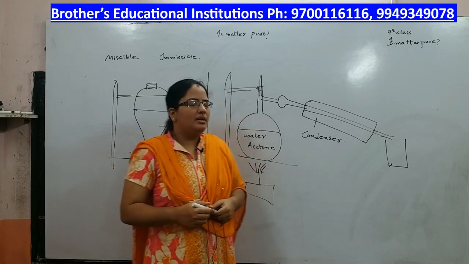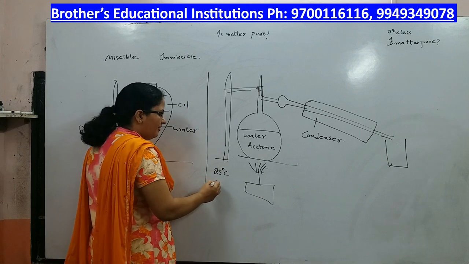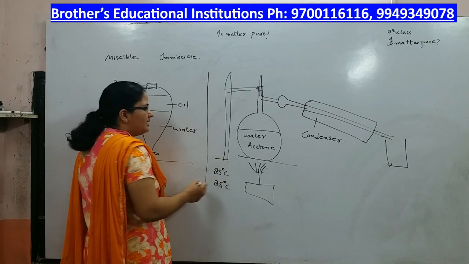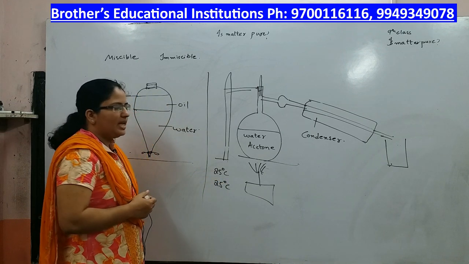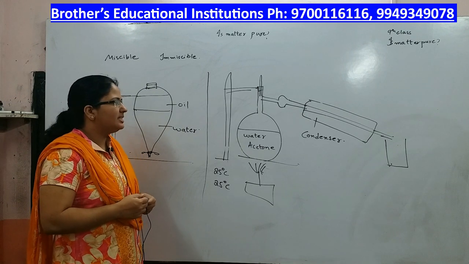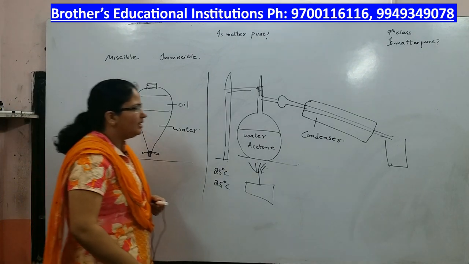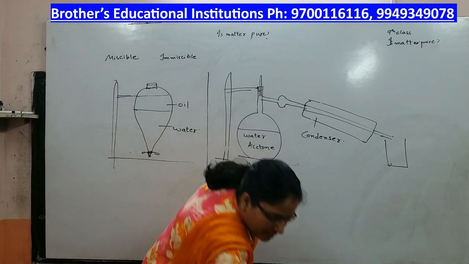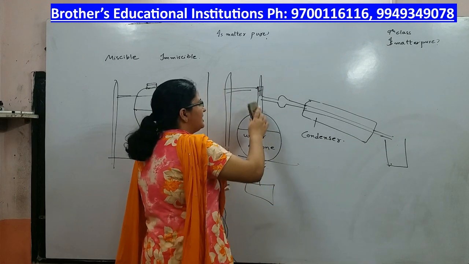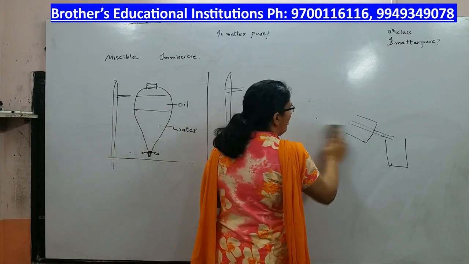Let us see how to separate two liquids which have a boiling point difference less than 25 degrees centigrade. For that we follow a procedure called fractional distillation. Fractional distillation is similar to distillation, except that you have a fractionating column in addition. Let us see how that fractionating column looks.